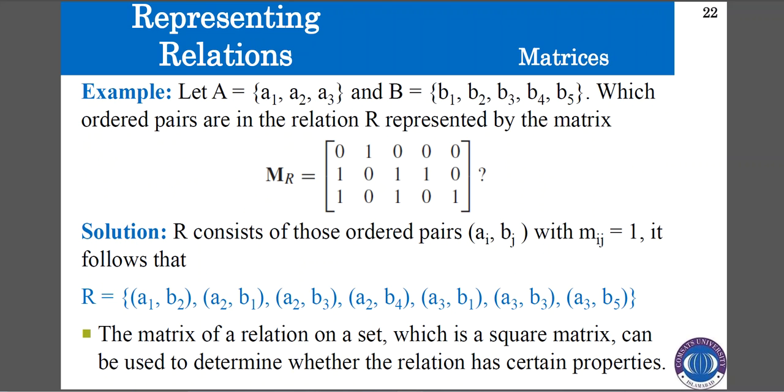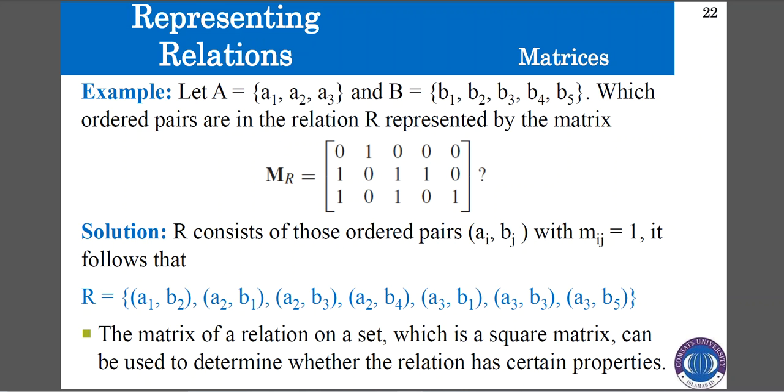Let us consider another example in which the matrix is given, and from that matrix we will get the relation. Let A = {A1, A2, A3} and B = {B1, B2, B3, B4, B5}. A has 3 elements and B has 5 elements.